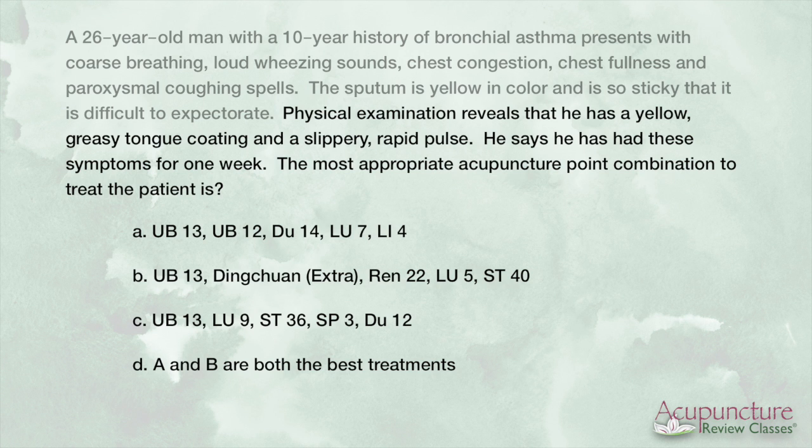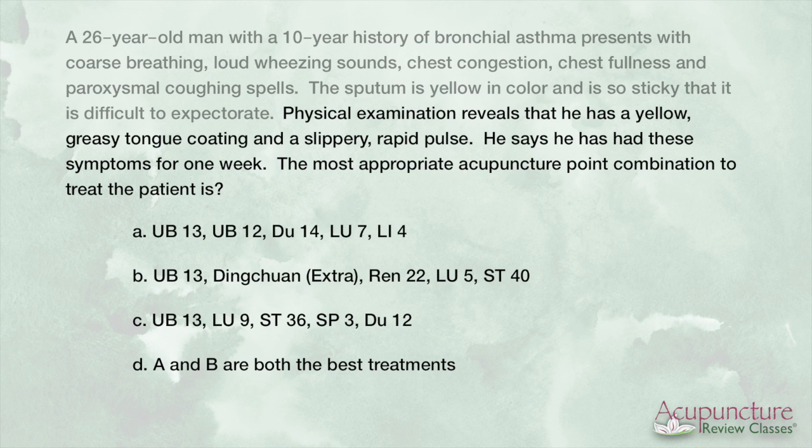Now, because he's saying greasy and slippery, I know that the answer that I choose has to have some points for damp. So I'm looking for something that's going to handle damp. It's also yellow greasy, so maybe something for heat.